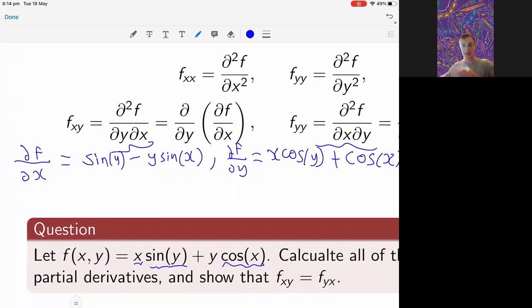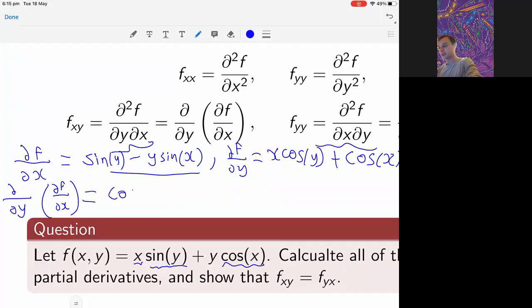Okay, but it's asking us to find the derivative of f with respect to x, and then differentiate that with respect to y, and then do the same thing in reverse. Well, if we differentiate this with respect to y, what do we get? Well, we have to differentiate this with respect to y. The derivative of sine y is just cosine y. The derivative of y is just 1, times minus sine of x.